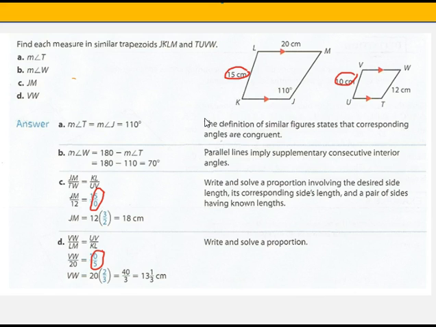So you can solve for the TW to JM by using that ratio because you have one side length, and you can solve for the LM to VW because you have that other side length. So that's one of the first things you want to do, is look for a ratio that you can use to help you solve all of the sides.